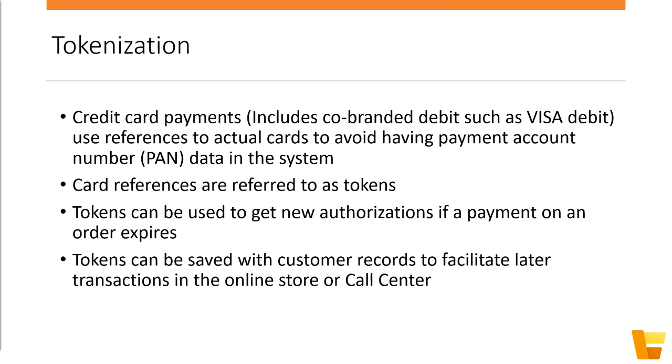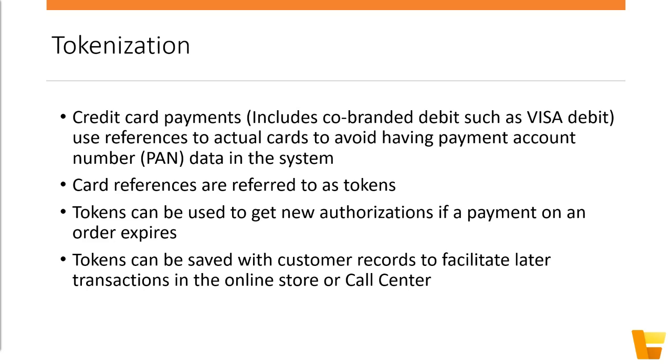So essentially a customer provides their credit card in a fashion where it's only being sent to the processor. That credit card number never enters our system, but the processor provides us a token or a reference to that card number. While the processor maintains that credit card number within their storage, we just have a reference to that number.